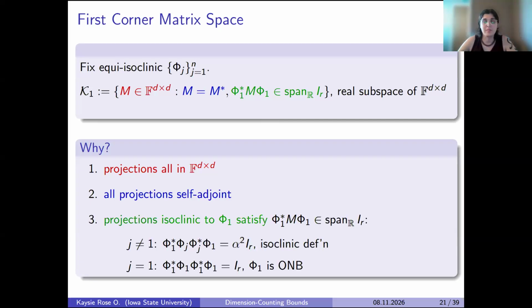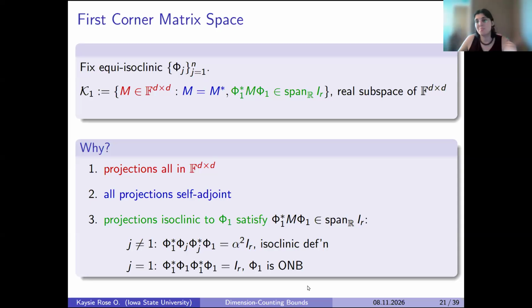It's actually quite clever. If you're isoclinic to phi 1, to the first subspace, your projection M is going to satisfy this. Because either you are a different subspace isoclinic to phi 1, in which case this multiplication is alpha squared I_R because of, right, that's the equi-isoclinic condition we saw around slide 10. Or you're just the same subspace.